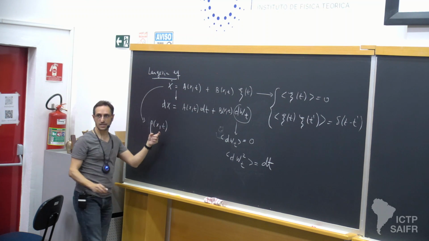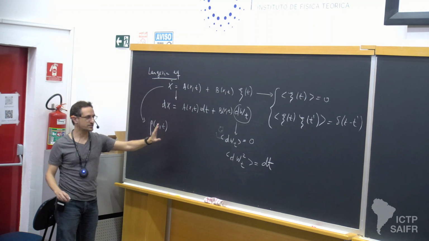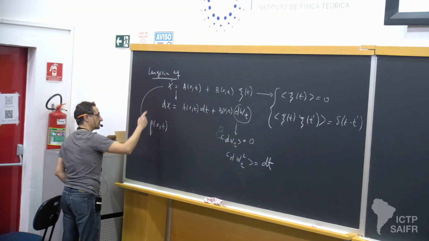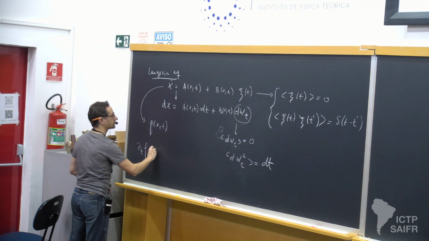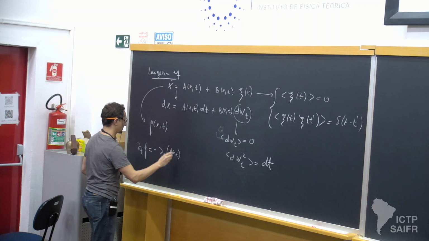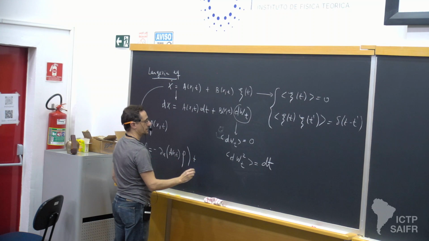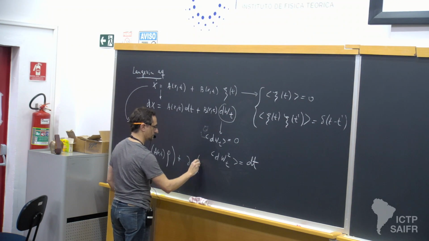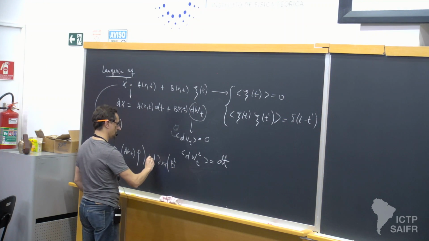In fact, I should multiply by delta x and so on. So this is the probability density function. And the Fokker-Planck associated to this one will be the following. And this 1/2.